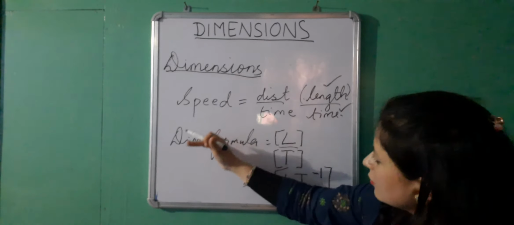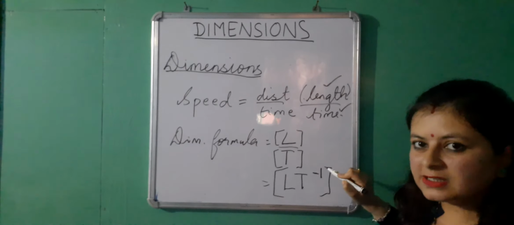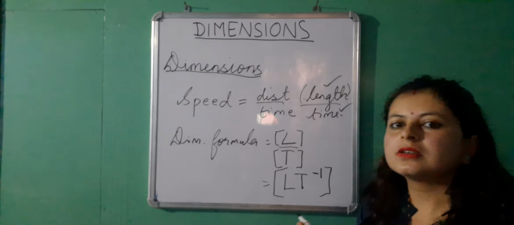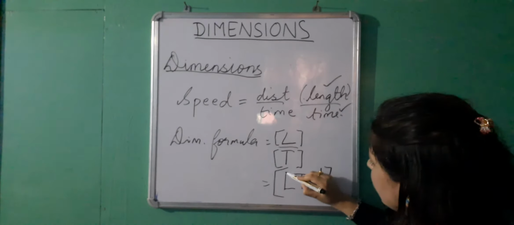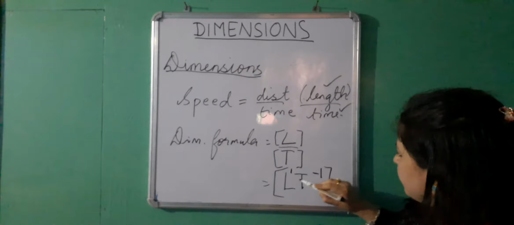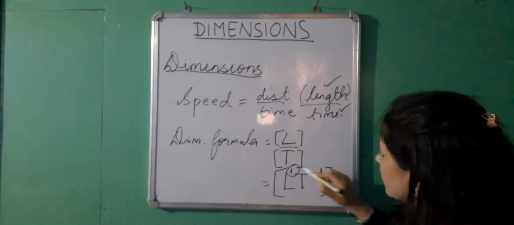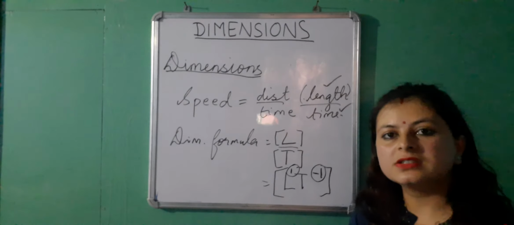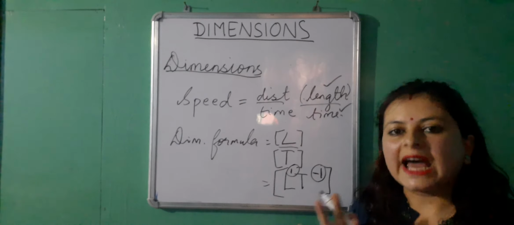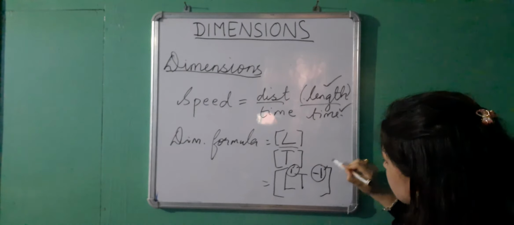So the dimensional formula for speed is L T to the power minus 1, and the dimensions of speed are, now L, there's nothing here, means it has been raised to the power 1, and T has been raised to the power minus 1. So these powers are actually the dimensions of speed. So the dimensions of speed are 1, minus 1.